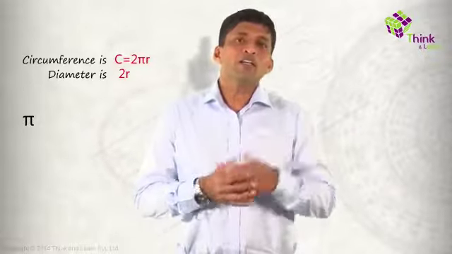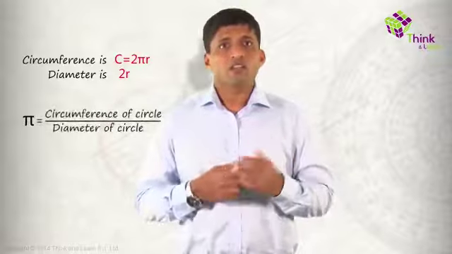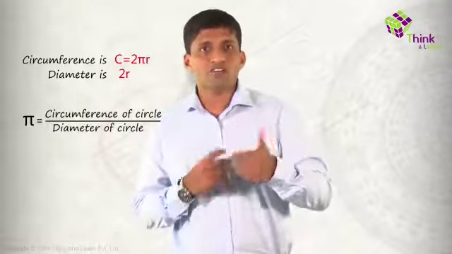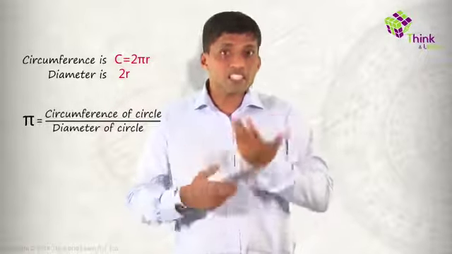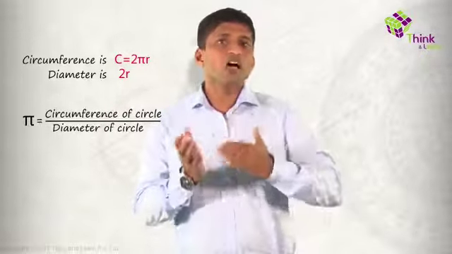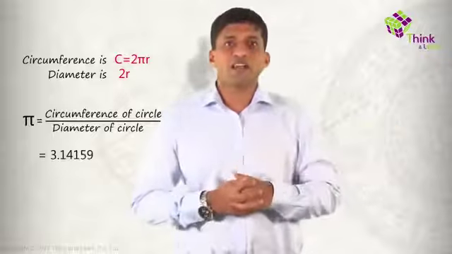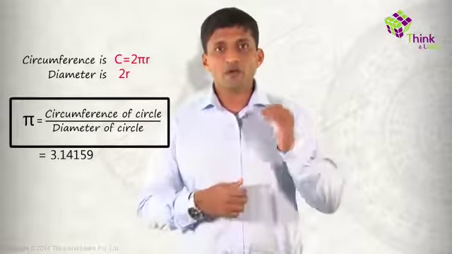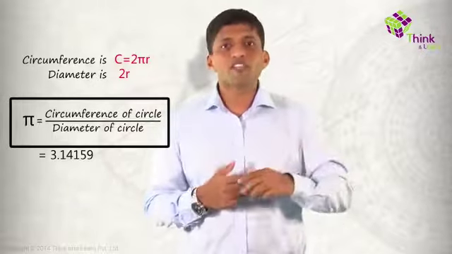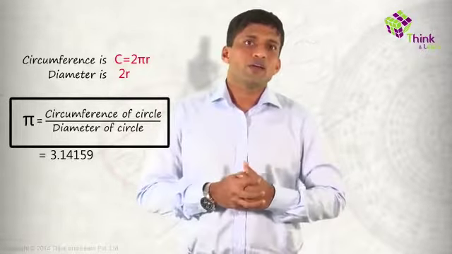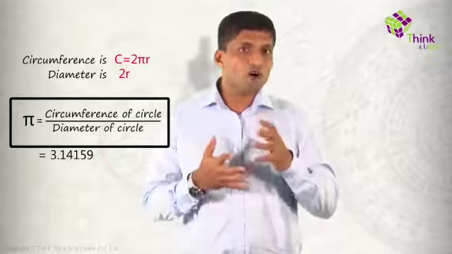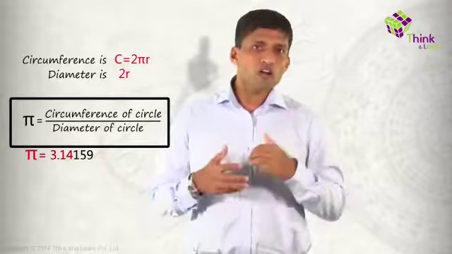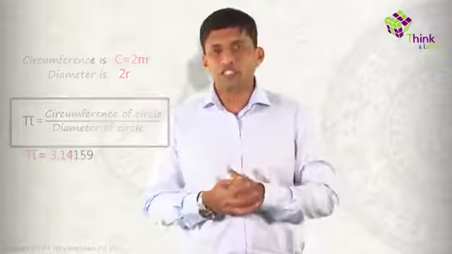Pi is nothing but the circumference of a circle divided by the diameter of the circle, which I am sure most of you must have thought about before, rather than just memorizing the pi value as 3.14159. I am sure all of you know the pi value, at least up to 2 decimal places, which is 3.14, which is required when you are solving questions.